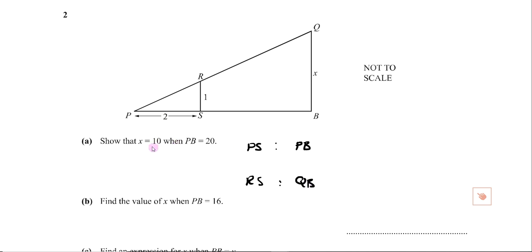So if we know that PB is 20, and we know that PS is 2, then we're going in the same ratio. So if RS is 1, the same ratio would then be 10.